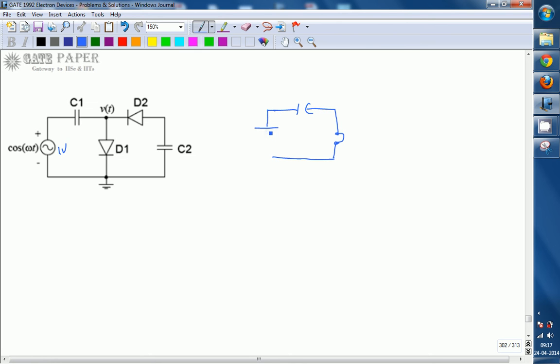So this is 1 volt. This is V of t, plus and minus, which is 0 volts because the diode is acting as a short circuit.